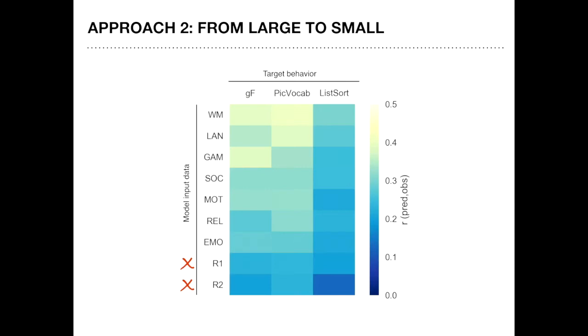So this is the working memory task, the language task, the gambling task, the social task. And when we thought about this a little bit more, we thought that maybe these tasks are actually serving to enhance or bring out individual variation in the functional connections that we care about. This was interesting and not obvious from the start to us.